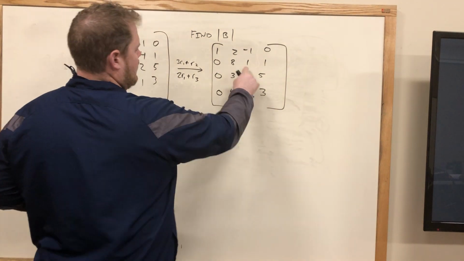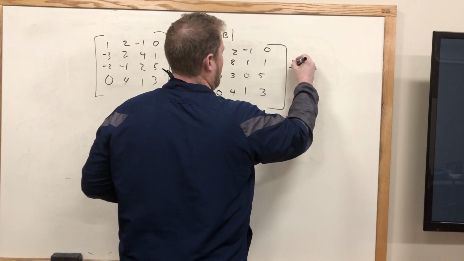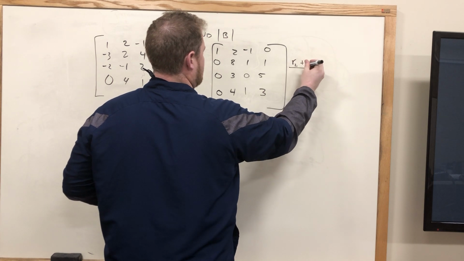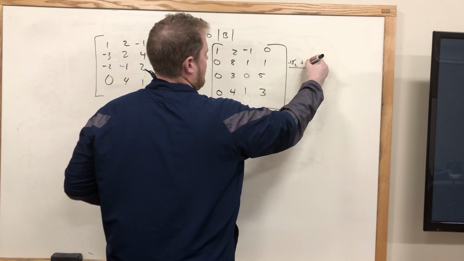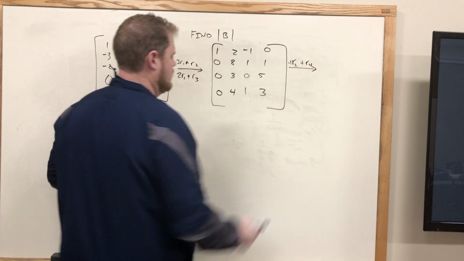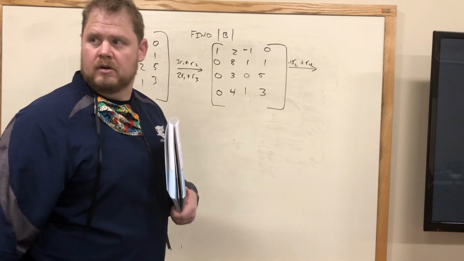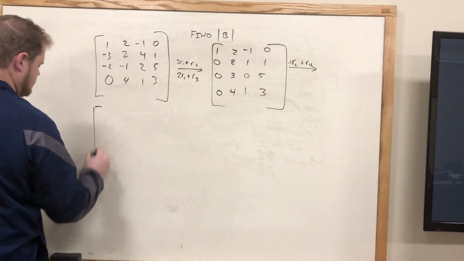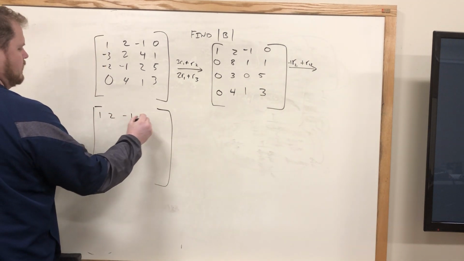So what do we do here? Notice 8, 1 and 1, right? So this is R2 plus negative 1 R4, okay? So negative R2 plus R4. So I'm going to write that right here. So R1 is going to stay the same, 1, 2, negative 1, 0.